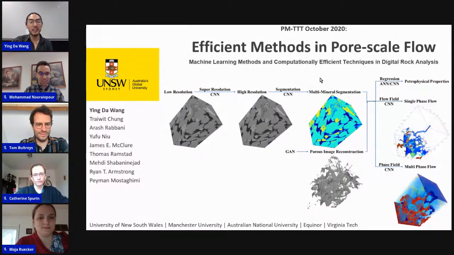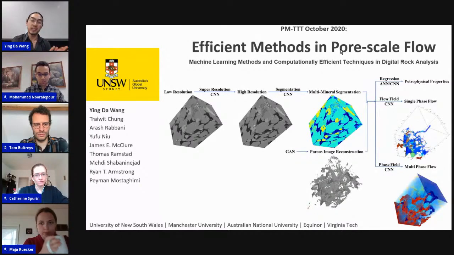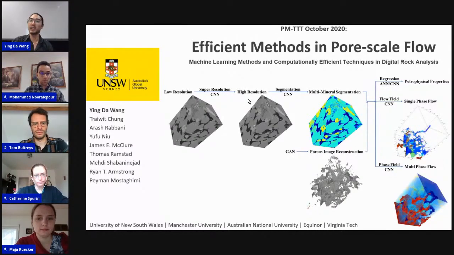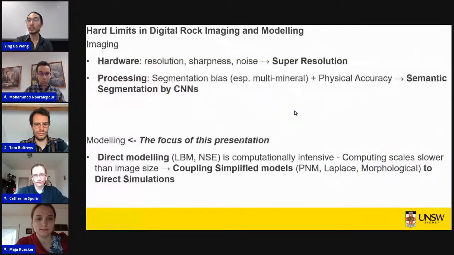Since I have 10 minutes, I'll talk about efficient methods and some machine learning methods in pore scale flow. Obviously, in digital rock analysis, you have your imaging section and your modeling section, and today I'll focus on the modeling section. Very briefly, from the imaging standpoint, there are limitations with regard to the resolution and field of view that your hardware can achieve.